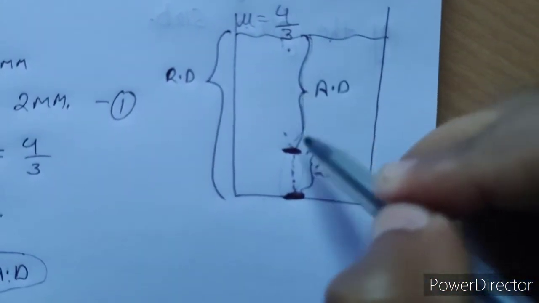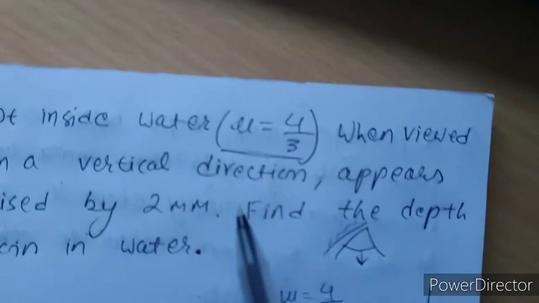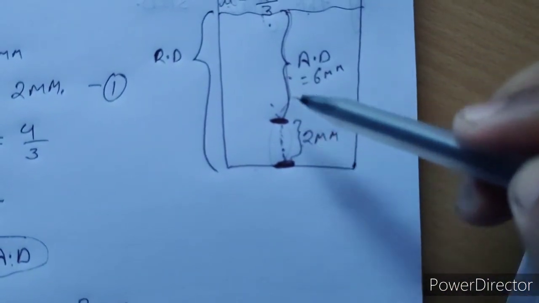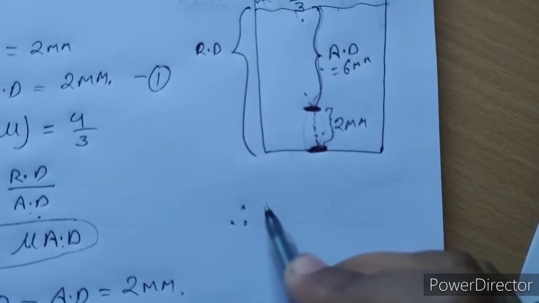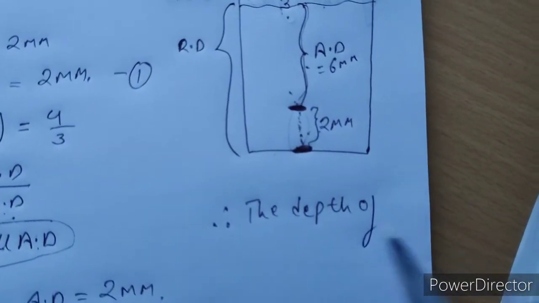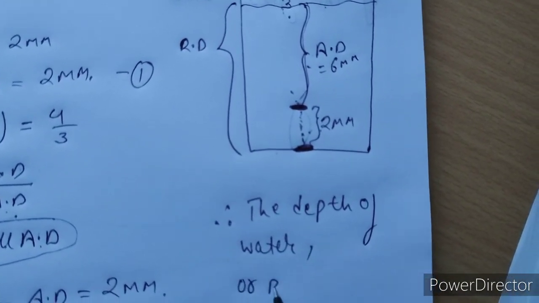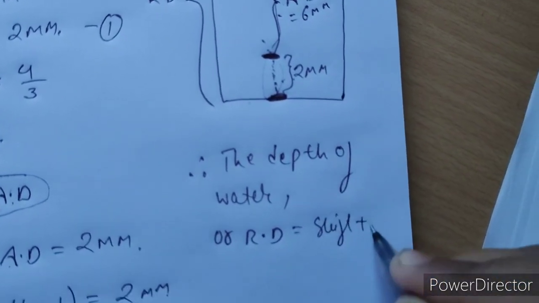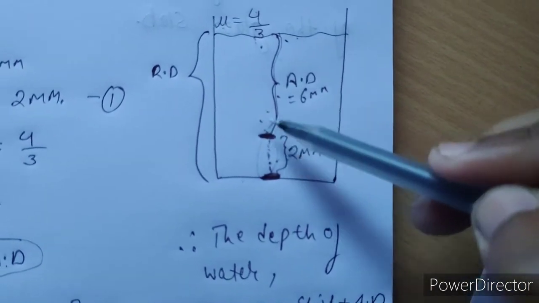So this apparent depth which I got is 6 millimeter, but the question is asking to find the depth. Depth is apparent depth plus the shift. So I'll continue out here. Therefore the depth of water, or real depth, equals shift plus apparent depth, because this is apparent depth and this is shift.